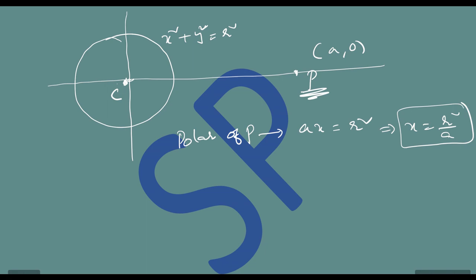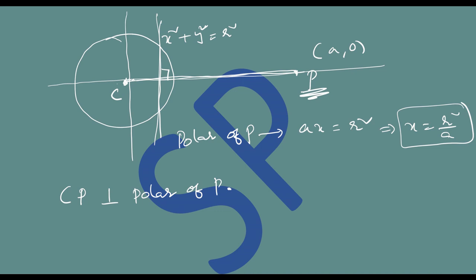That means it is parallel to the y-axis. So CP is nothing but the x-axis and this is the polar. So always the polar of P is perpendicular to CP. That is one point we observe: CP is perpendicular to the polar of P.